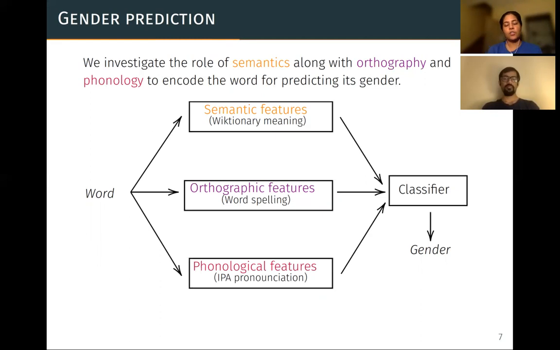For phonological features, we used the IPA pronunciation of the word, and similar to orthographic features, we used LSTM and n-gram features. And once we had the embeddings for these different features, we used them to train a classifier to make the prediction for gender.